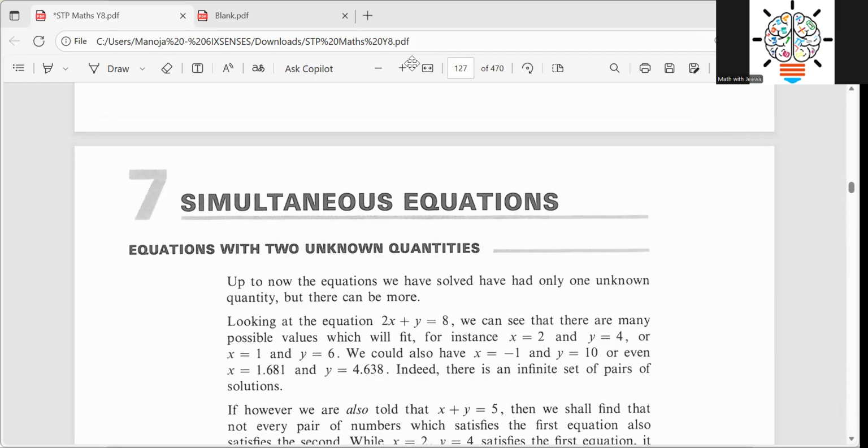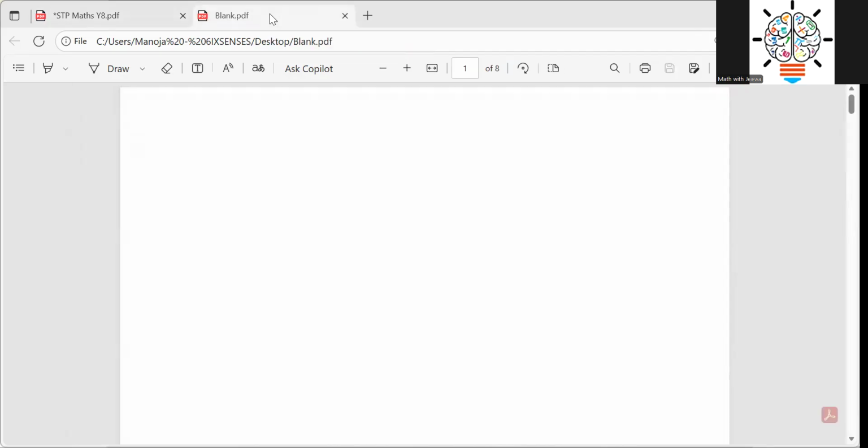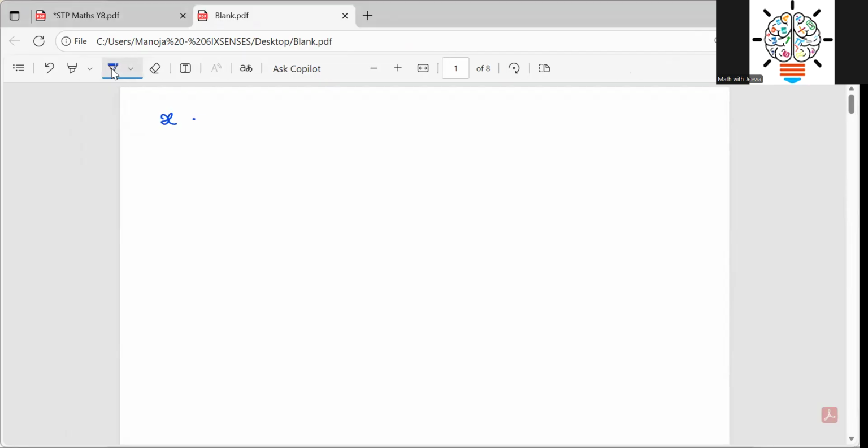So first we will focus on what you are discussing this week after the formative assessments, that is simultaneous equations. Children, when I'm explaining the simultaneous equation, I'll give you a brief explanation about the background. So far, whatever the equations we had, it's like this. x plus 3 equal to 10.